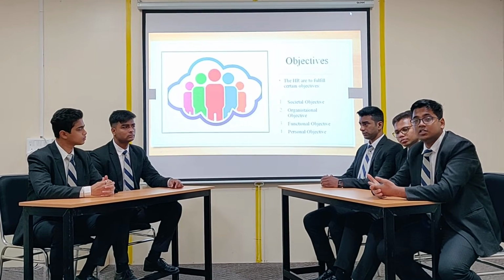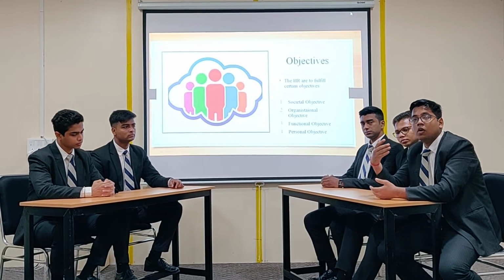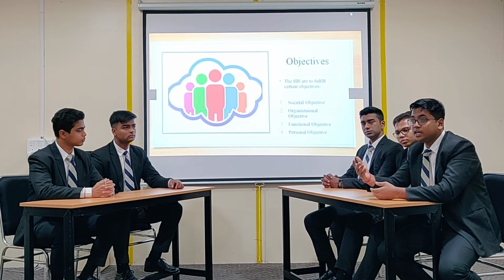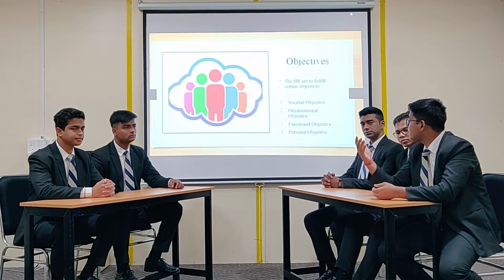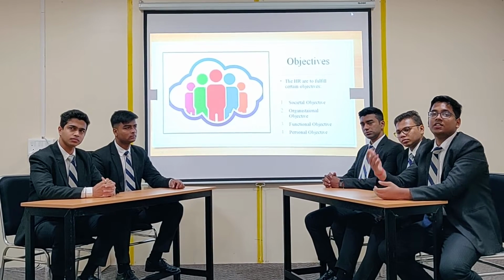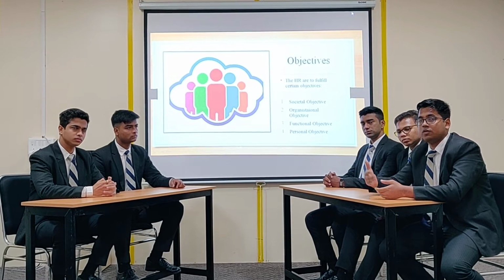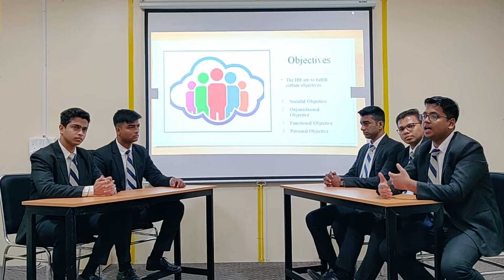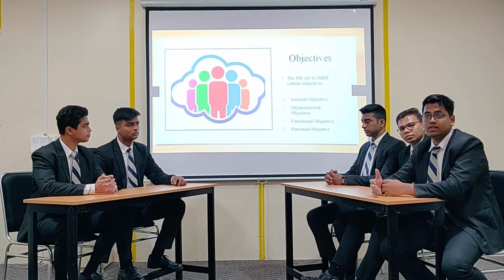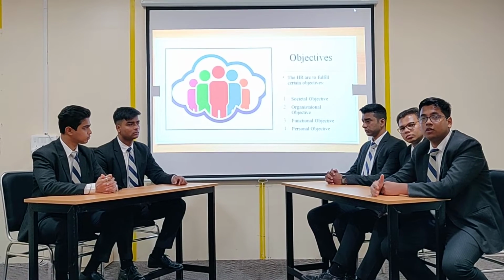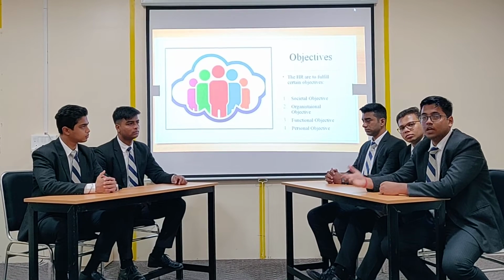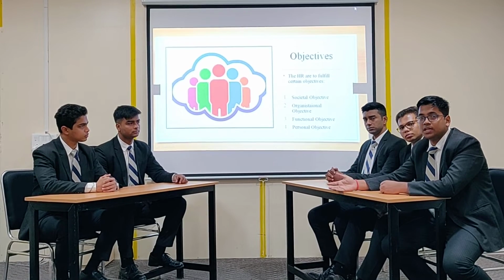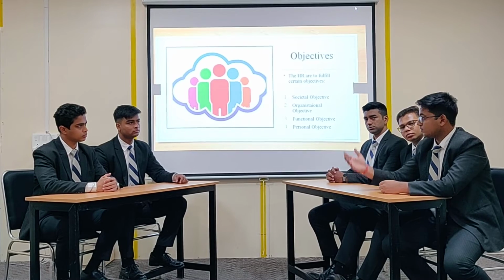Then the organizational objective is the company's objective which they want us to achieve. Then the functional objective is how the HRM works for the company and the employees. Then the personal objective is about the individual employee, how they are growing. So for the growth of the employee, some objectives are there to achieve.